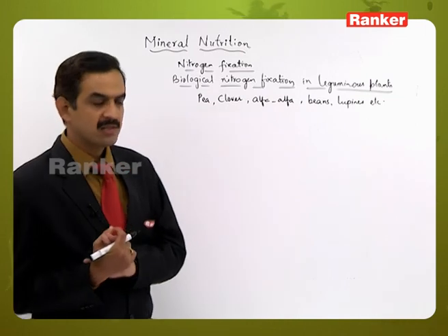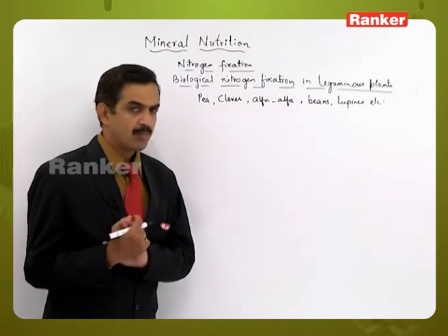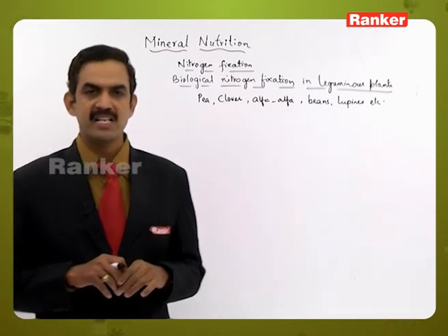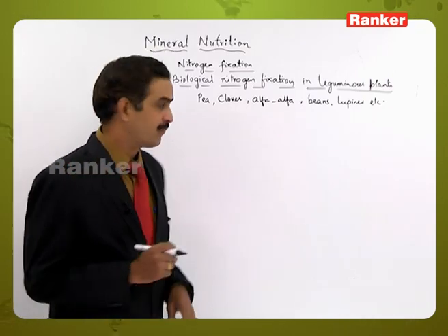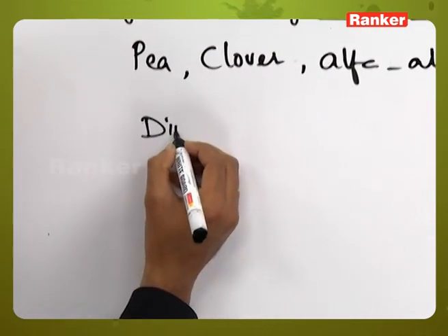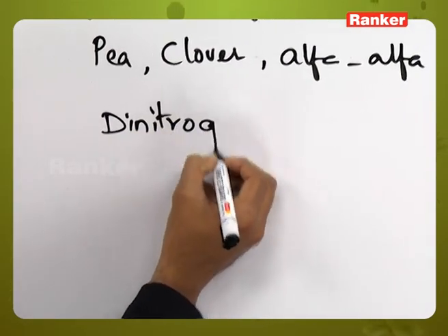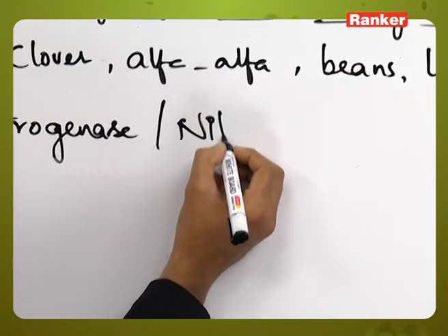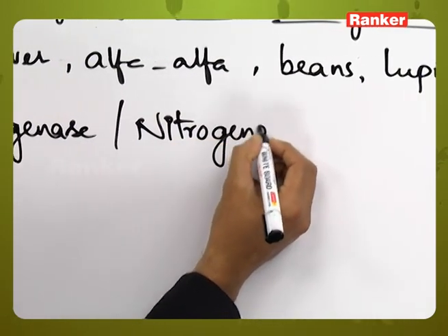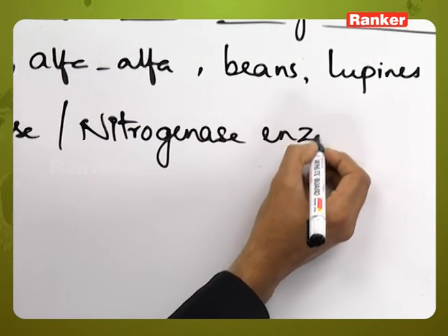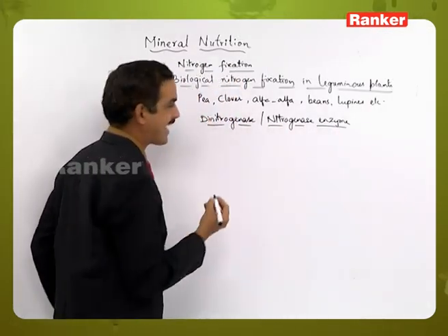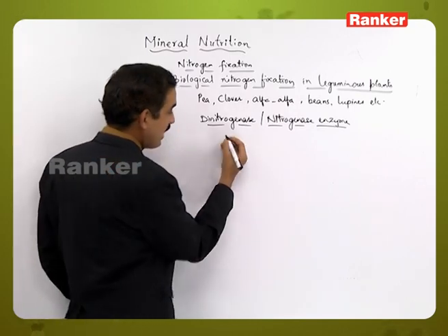So in this process, how do the prokaryotic or primitive organisms have the ability? They have the dinitrogenase or nitrogenase enzyme. So here the dinitrogenase or the nitrogenase enzyme is the enzyme which is present in the prokaryotic organisms. So this has two parts.